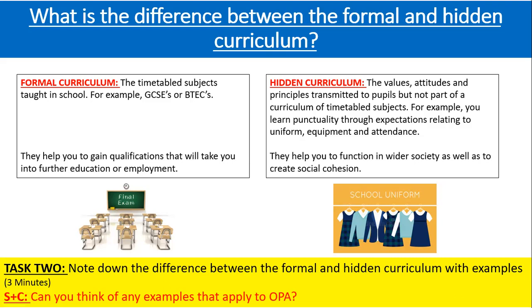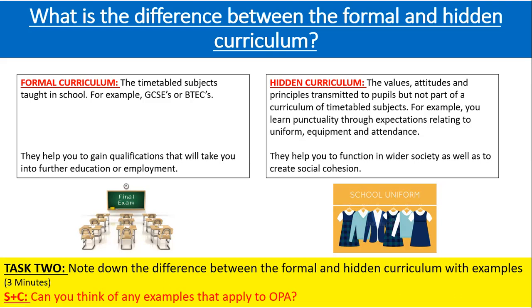And they help you function in wider society and help to create social cohesion, so to make everything work smoothly. So things like punctuality, manners, making sure that you're hardworking. These are things that are taught indirectly in school. There's no GCSE punctuality or GCSE work hard. These are just skills that you pick up along the way.